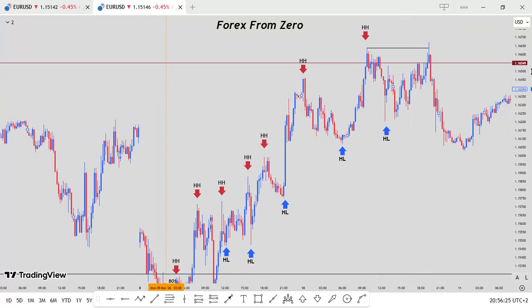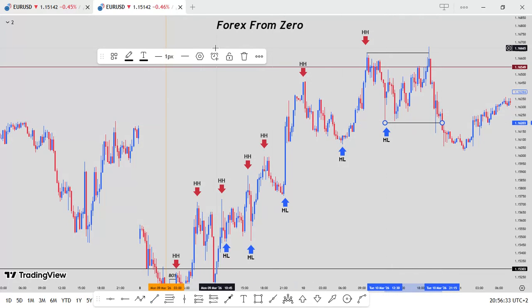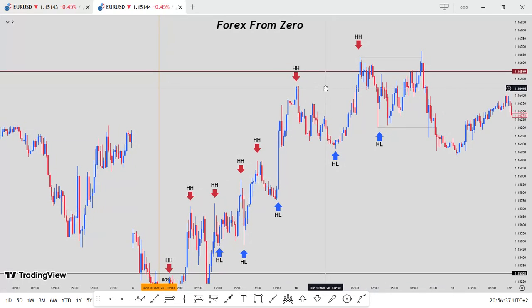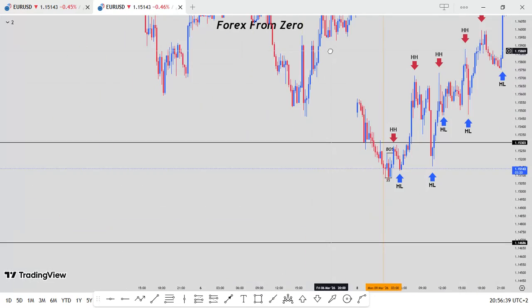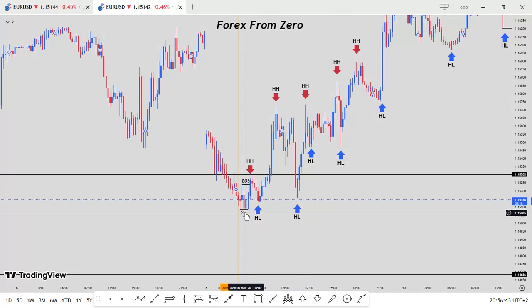Yes, it did. And where was our higher low? It was here. So, getting back to this narrative that I drew down here, we are waiting for this sweep and this break of market structure. Then we have changed our structure from the downside to the upside.